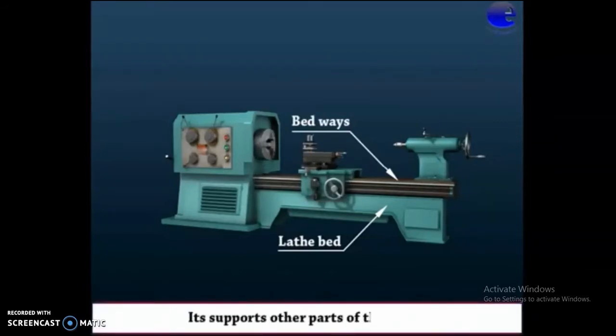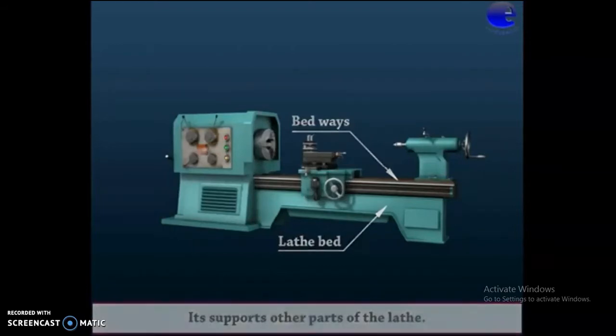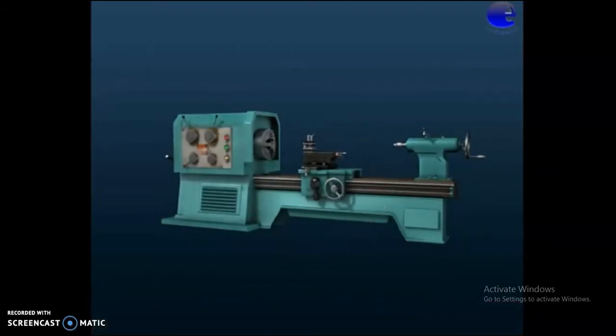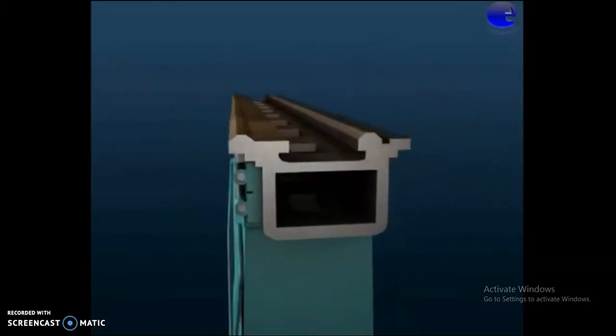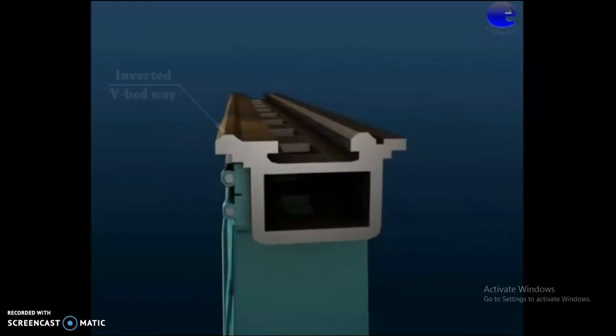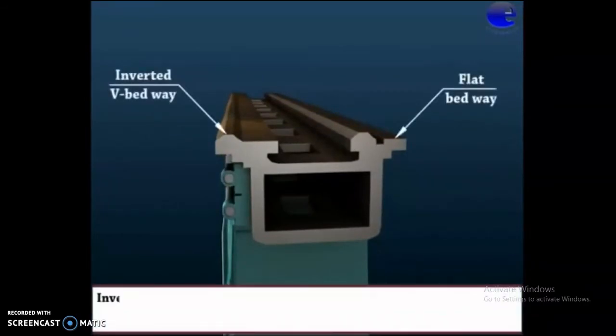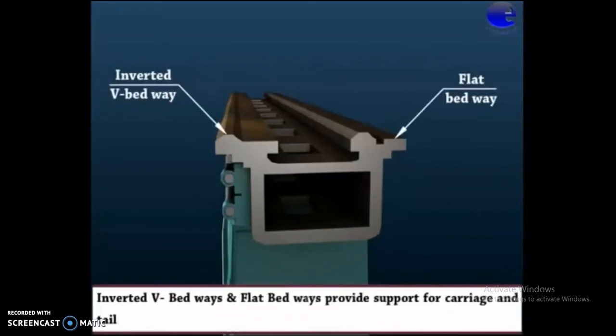It supports the other parts of the lathe. Inverted V bedway, flat bedway. Inverted V bedways and flat bedways provide support for the carriage and tailstock movement.